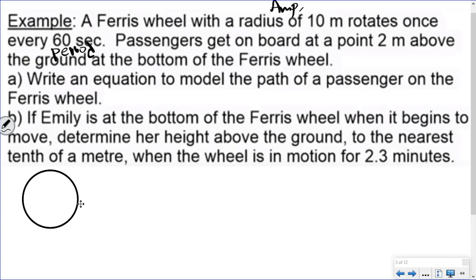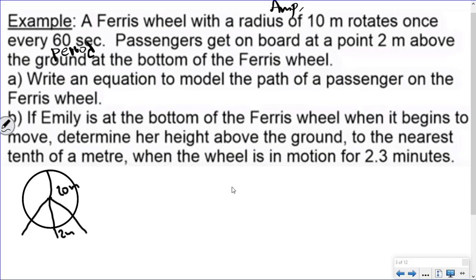So again, here's my circular Ferris wheel with my center here. My radius is 10, so the entire diameter from bottom to top of my Ferris wheel is going to be 20 meters. And the height from the bottom of the Ferris wheel to the ground is another 2 meters.